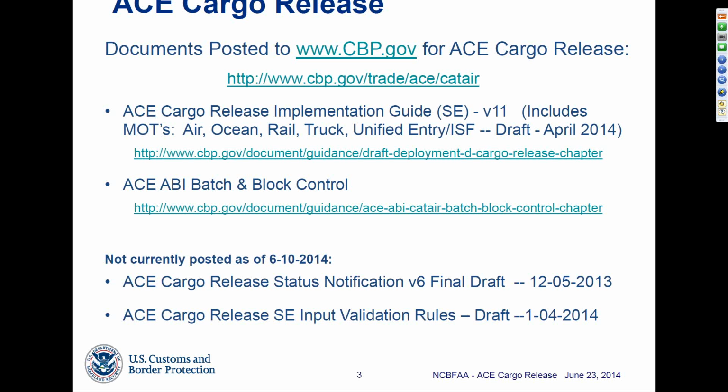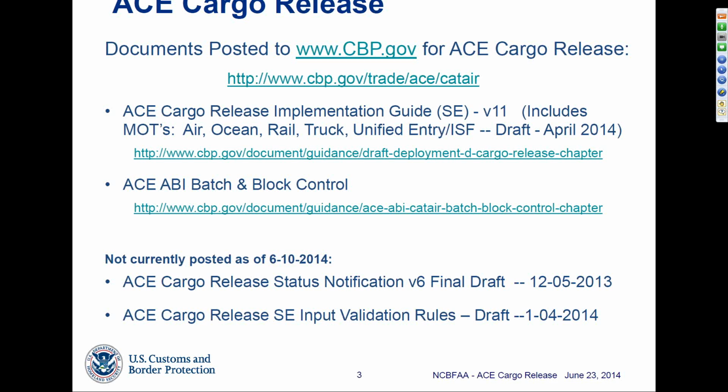What's not currently posted, which I did provide to NCBFAA, is the status notification chapter. We'll try to get that reposted, which is exactly what it says, the responses, not just your entry's been accepted, but different dispositions from admissible to release suspended, and everything in between.